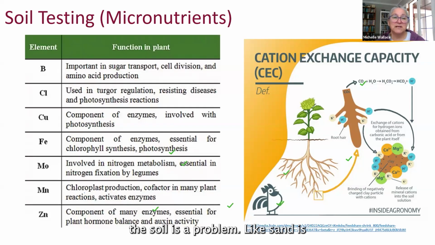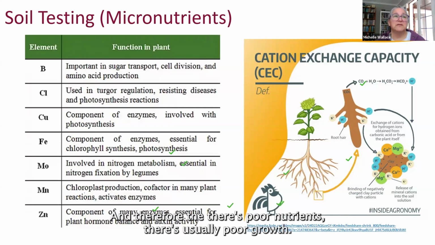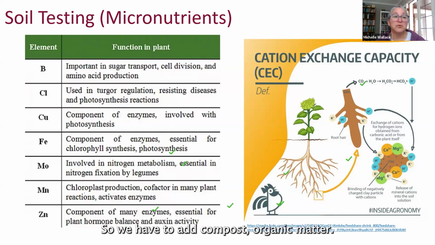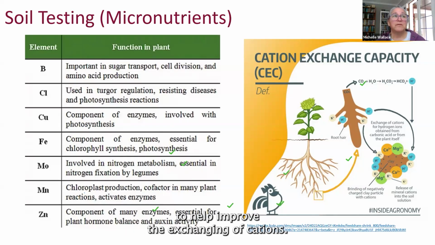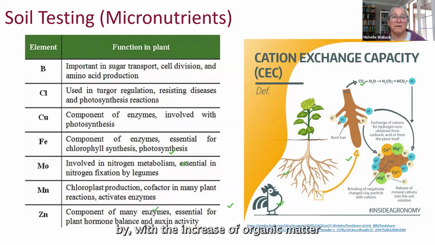Sand does not have much organic matter in it, and therefore there are poor nutrients and usually poor growth. So we have to add compost or organic matter to help improve the exchanging of cations. Clay has a lot of nutrients in it, but if your clay doesn't have a lot of organic matter, it can also benefit from an increase of organic matter, so that there's more exchange of cations. Those cations help the plants take up the nutrients.